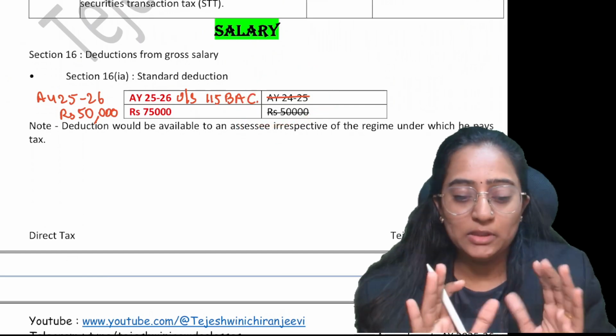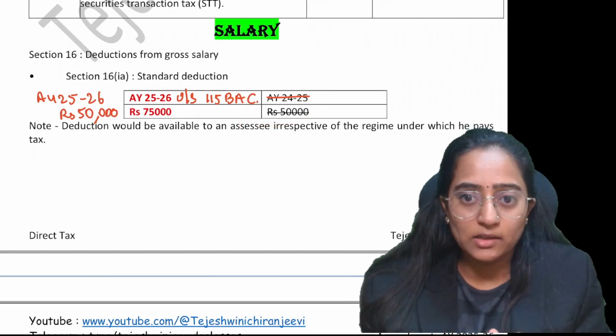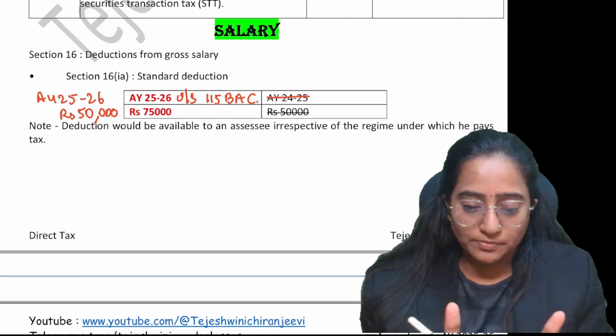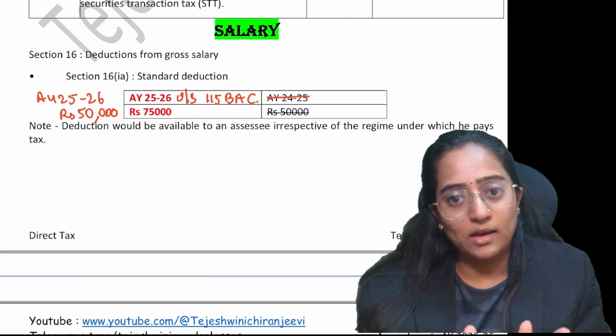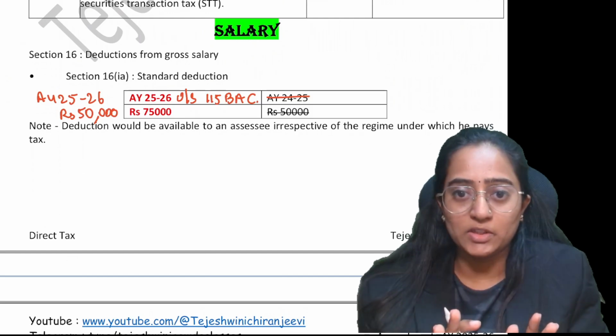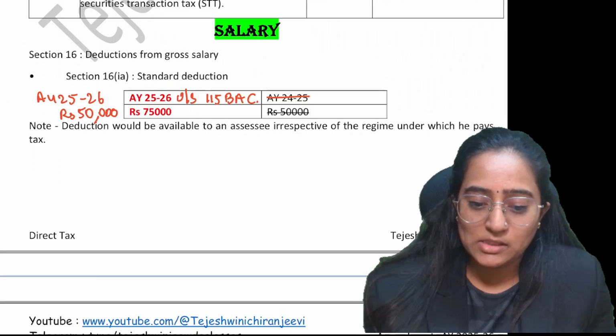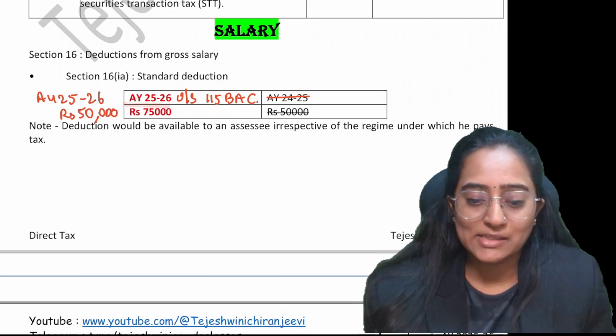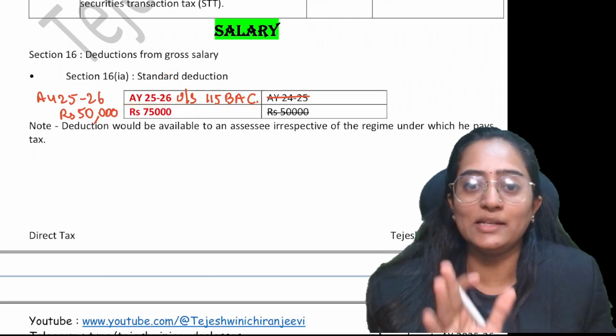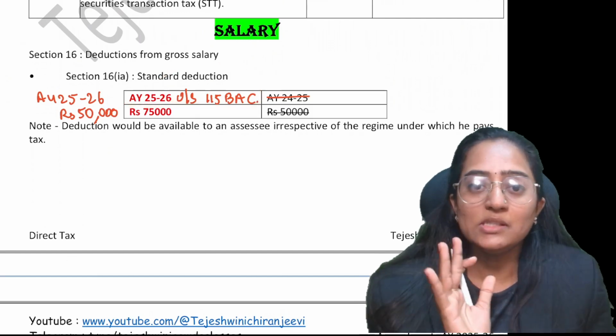Remember one thing, those who already have this material shared with you, or who have taken that material from the Telegram channel, please make these respective changes. AY 2526 under section 115BAC is not there in the material which is uploaded.